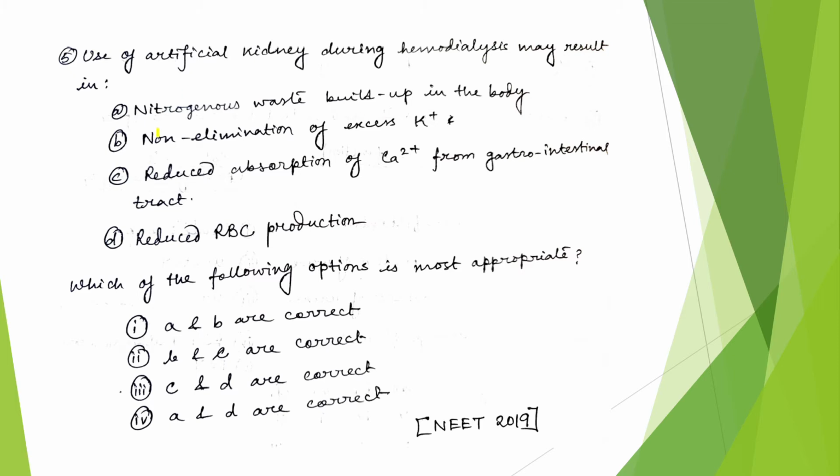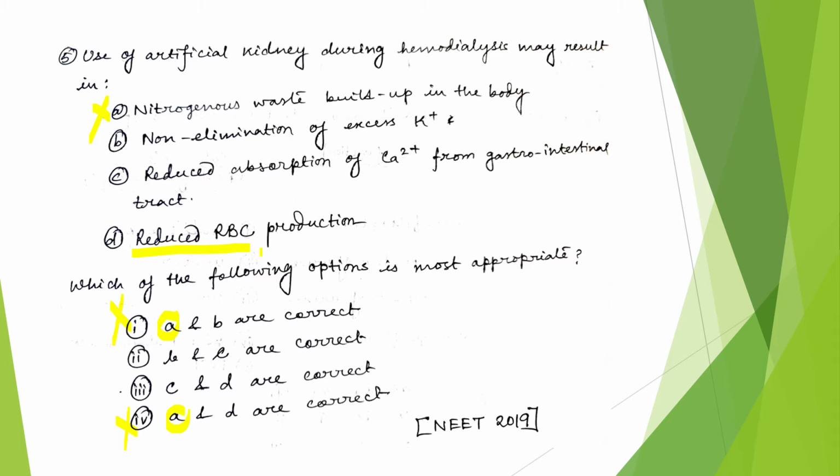So obviously hemodialysis will not result in nitrogenous waste buildup in the body. So option A is incorrect. Let's find out where option A is present: in option 1 and in option 4. So option 1 and 4 will not be your answer. These are incorrect.